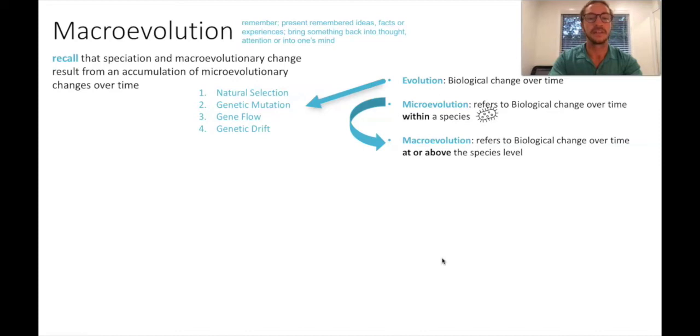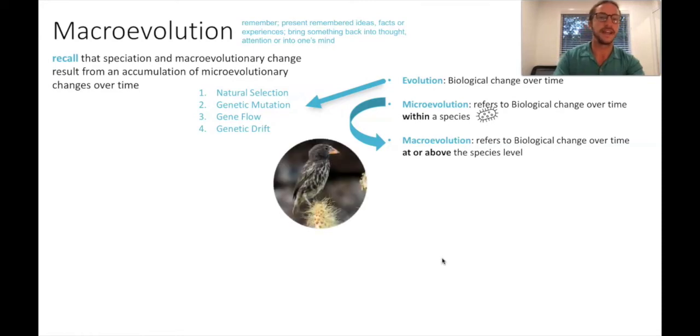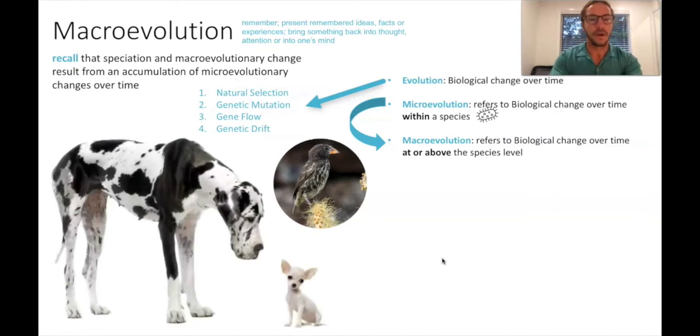So let's talk about some examples of micro and macro now. All the different dog breeds that have descended from their common ancestor, the grey wolf, or most, are still able to interbreed. The Chihuahua and the Great Dane, for example, can still produce viable offspring.